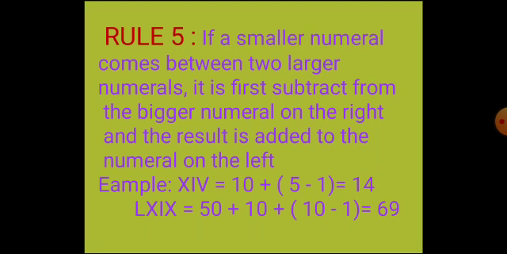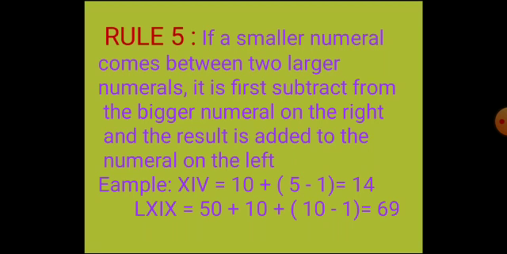Let us see one more example, then you can understand. LXIX. Here, see children, I comes between X and X. L value 50, X value 10, I value 1, and X value 10. We have to subtract I from the right side X, then later add to the left side values.